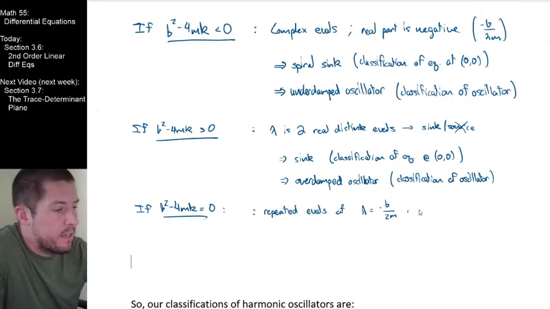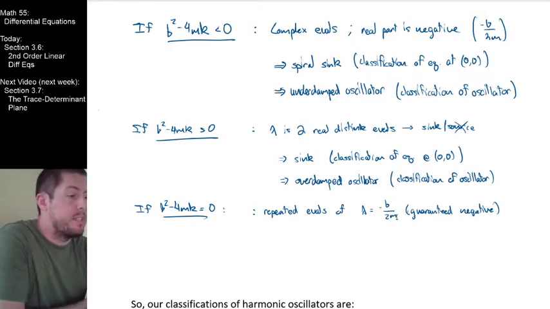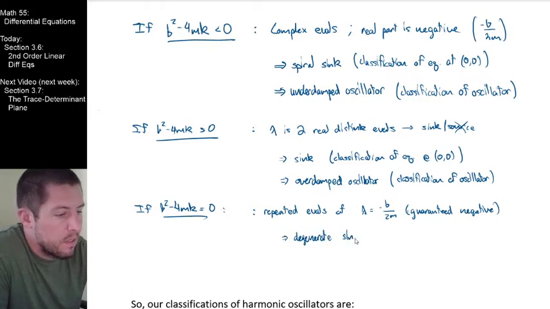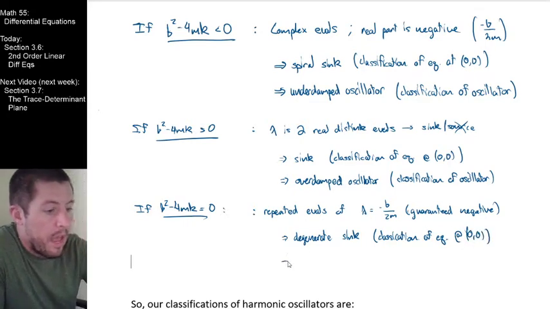Notice that this is guaranteed less than 0, guaranteed to be negative because b and m are both required to be positive. And so it seems like this is going to be our degenerate sink. That's our classification at (0, 0). And this is what we refer to as being critically damped.